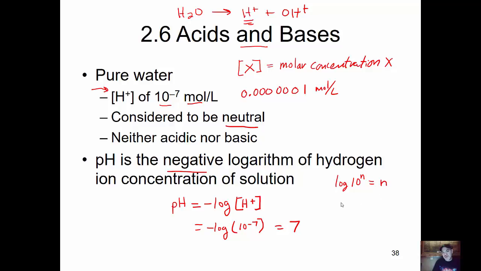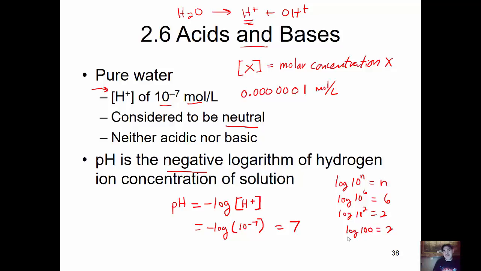So if we were to take log of 10 to the 6th power, then the answer would be 6. If we were to take log of 10 to the 2, the answer would be 2. By the way, 10 to the 2 is the same as 100, so the log of 100, the answer is 2. It's the same, because 10 to the 2 is 100.